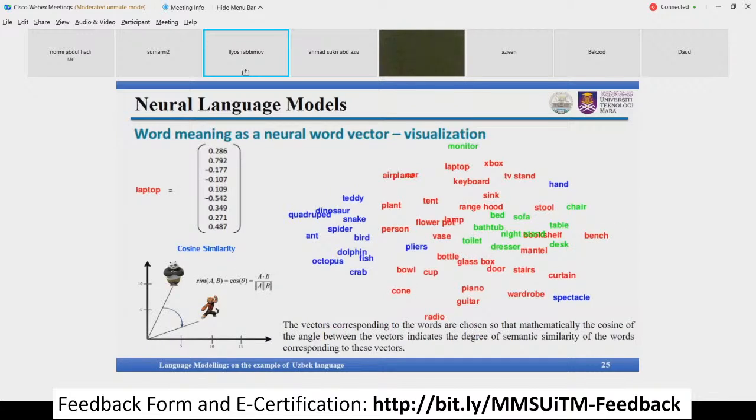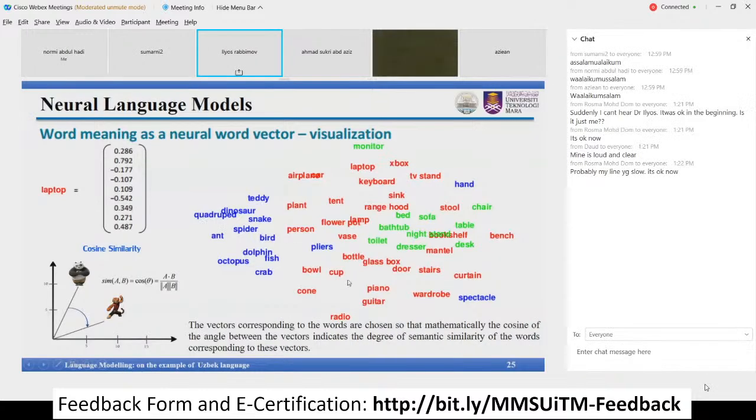Word meaning as a neural word vector visualization: the vectors of semantically close words are also mutually close, and semantically close words are located nearby in a two-dimensional coordinate system.